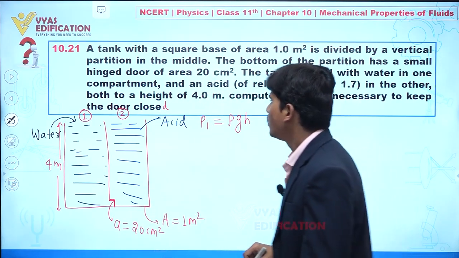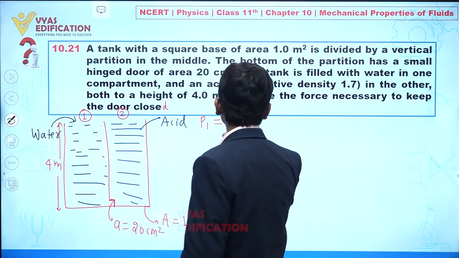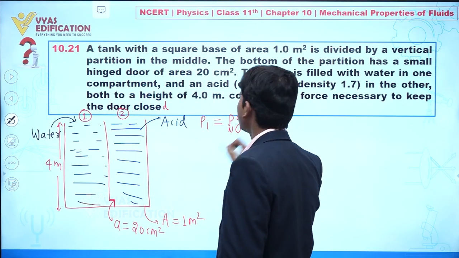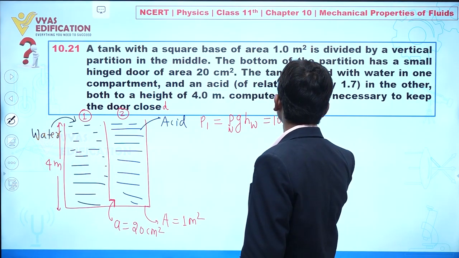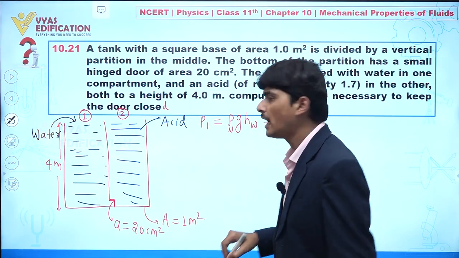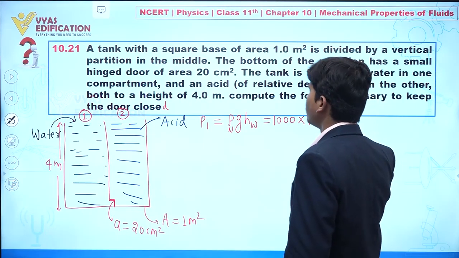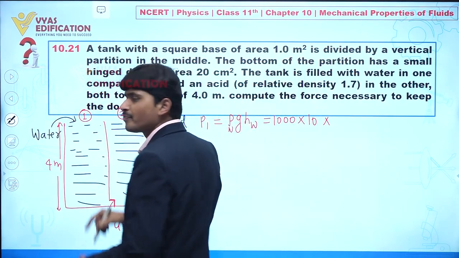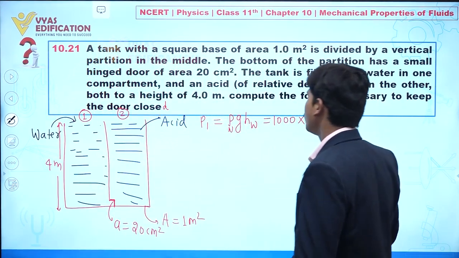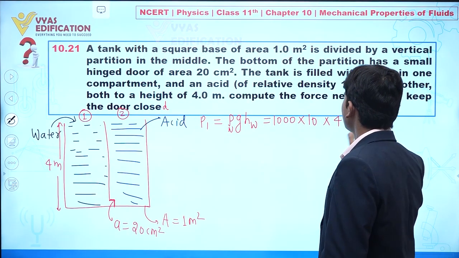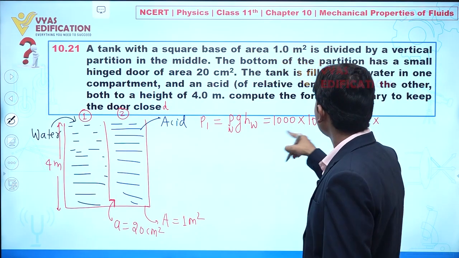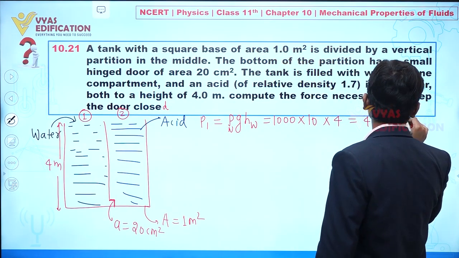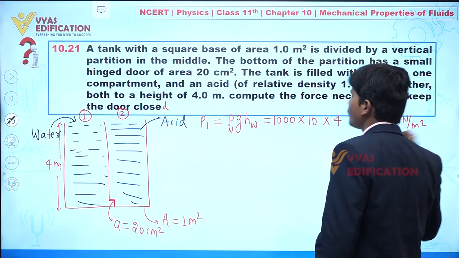For water, this is the density of water and the height of the water column. Density of water is 1000, and the value of g I am taking as 10. The height of the water column is 4 meter. So P1 is 4 multiplied by 10 to the power 4 Newton per meter square.